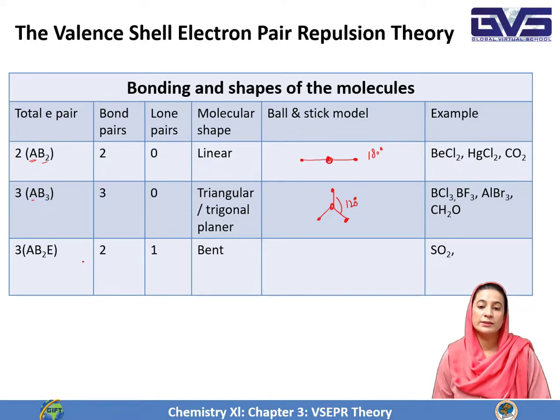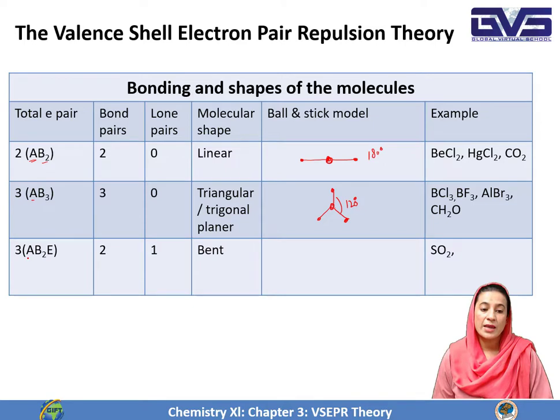So we consider the option that central atom A has a total of 3 electron pairs. Out of them, 2 are bond pairs and 1 is a lone pair. The lone pair does not participate in bond formation, while bond pairs participate in the bond formation.